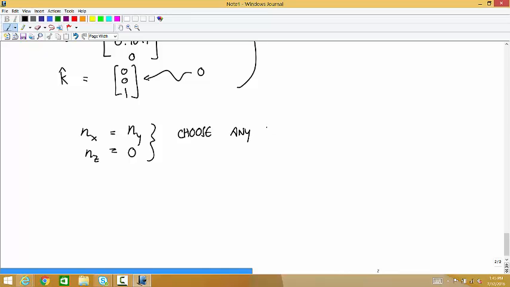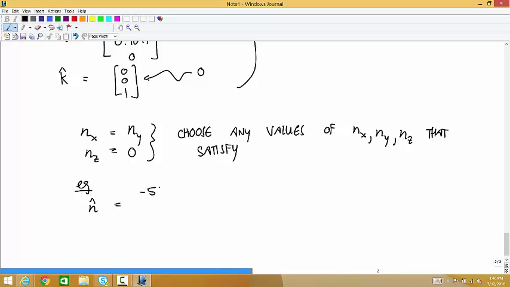We're going to choose any values of nx, ny, nz that satisfy it. So, for example, say we chose this vector to be equal to negative 50, 50, 0. Okay?